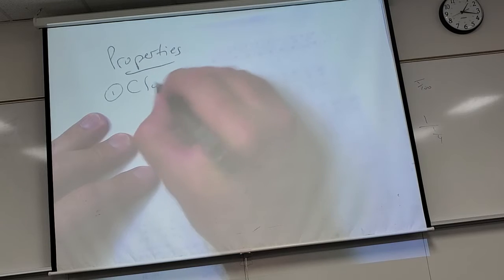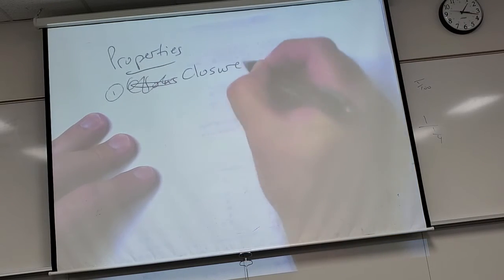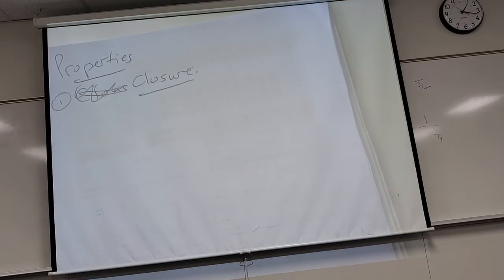There's a property called closure that I can't spell for some reason. Now, for some of us, closure means something psychologically, but closure in mathematics means if I take 2 whole numbers, what kind of number must the result of an addition be?